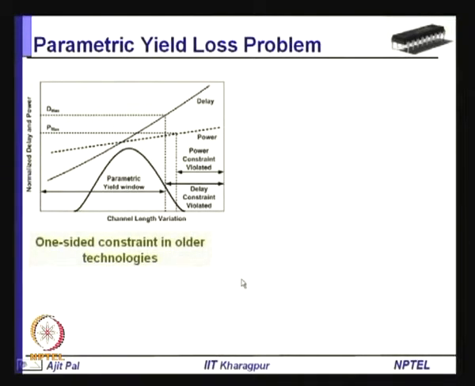You can see the parametric yield loss problem represented by this diagram. Here is the channel length variation, which, as I have already mentioned, is the maximum. You can see how the delay and power change as the channel length varies. In earlier generations, the leakage current was insignificant, and as a consequence the power dissipation was primarily dynamic power.